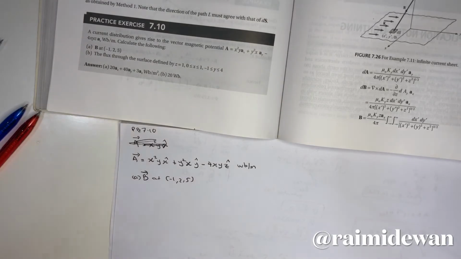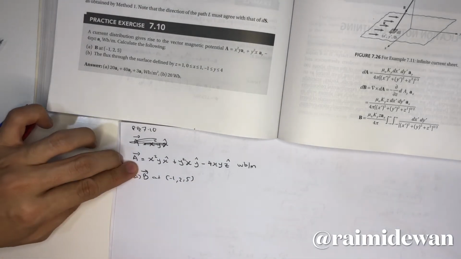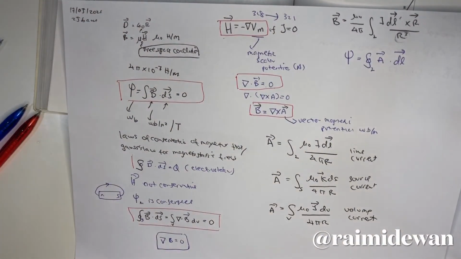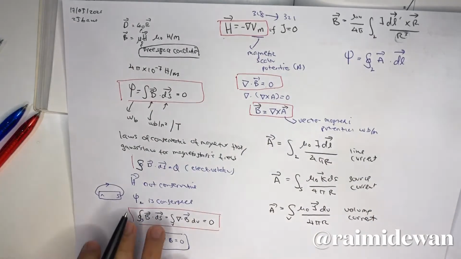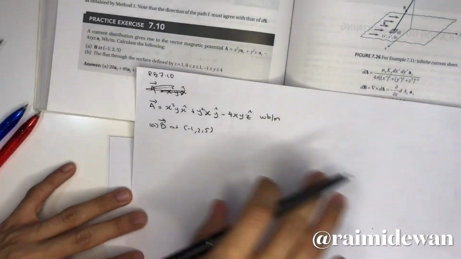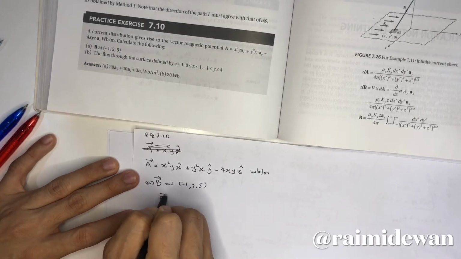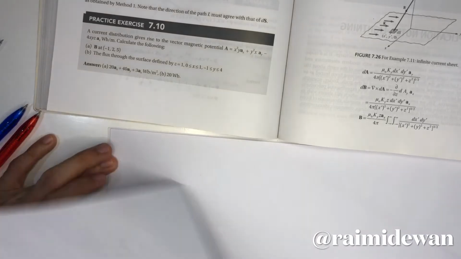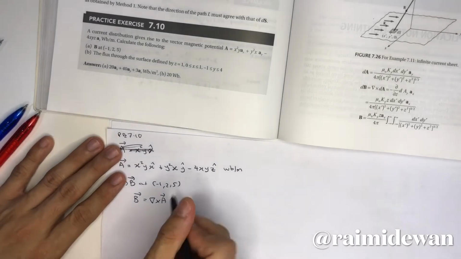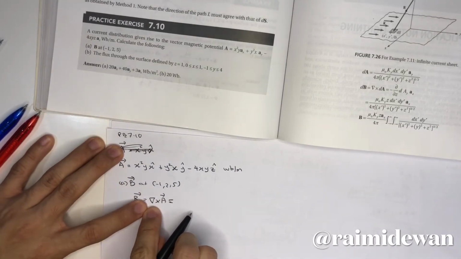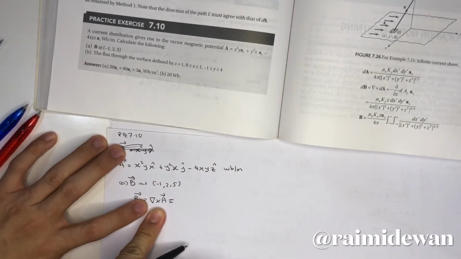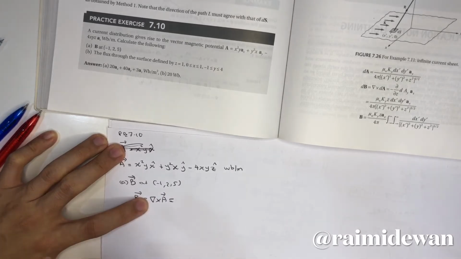First question. What we have learned, you see B and you see A, right? What is their relation? B equals the curl of A. Am I correct? Yes. B equals the curl of A. Because this is curl, we only take those having orthogonal values.